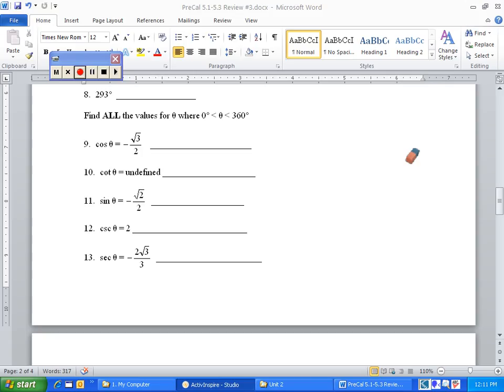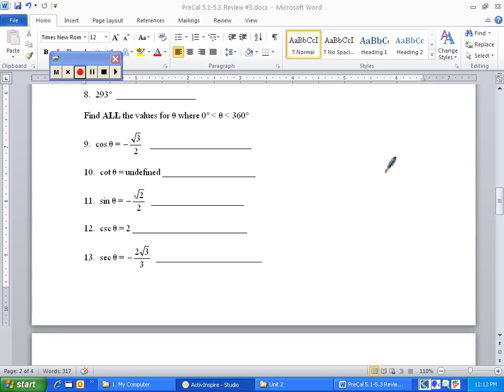Alright, cosecant equals 2. Well, if cosecant equals 2, that means that sine equals 1/2. Okay, well, sine equals 1/2 in 4 places. It can equal 1/2 at 30, at 150, at 210, and at 330.